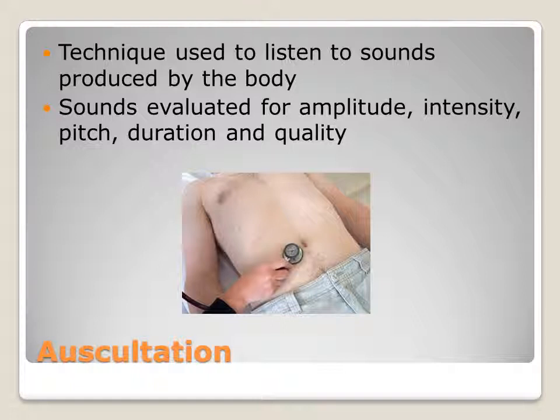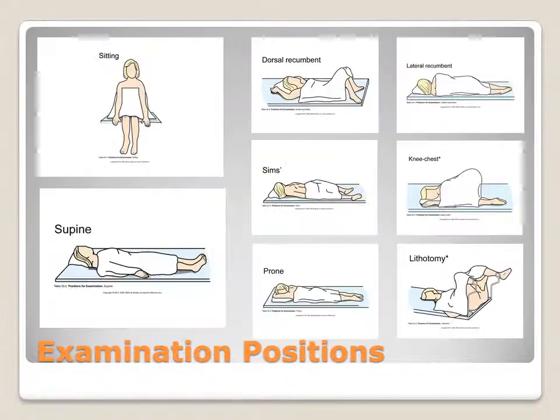The stethoscope bell, the smaller part of the stethoscope, is used to listen to low-pitched sounds. This is a variety of examination positions. You need to have the patient positioned in the appropriate position for the type of examination that is going to be performed.